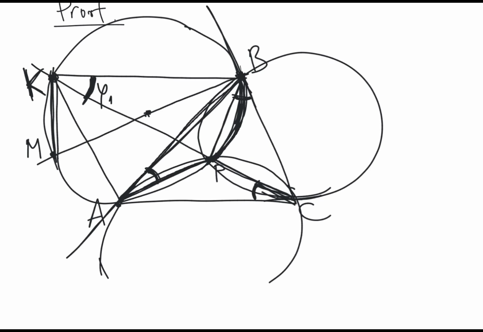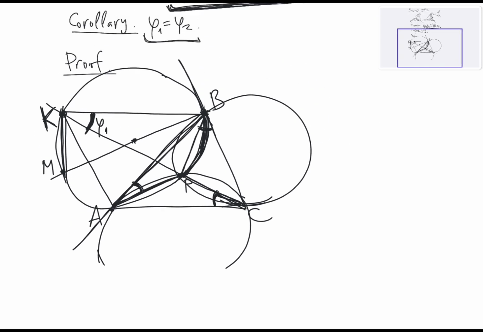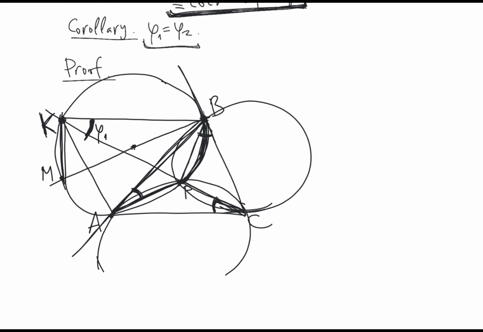So this angle is equal to phi1. Let's write this: the angle BKP is equal to the angle BAP, because they subtend the same arc, and this is equal to phi1.